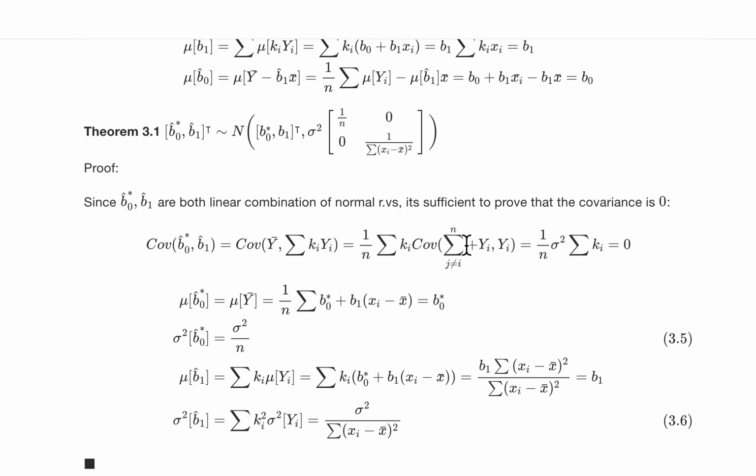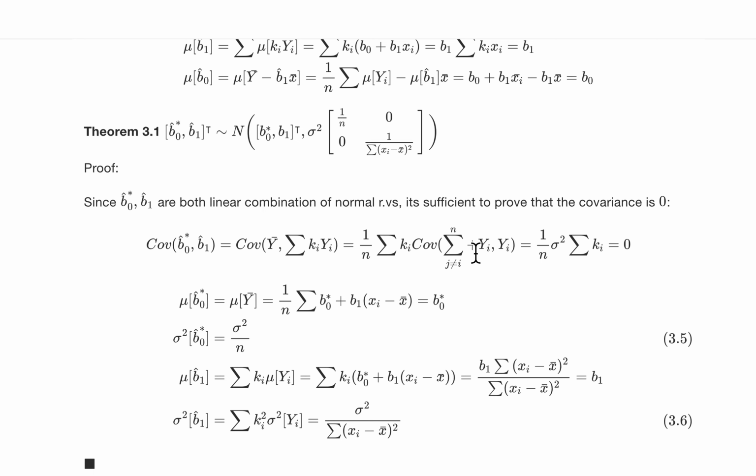to do is to take out the constant and write the y bar as the sum of yi's. So there's some errors here, yi, where yj, where j is not equal to i, plus yi, and the covariance with yi.